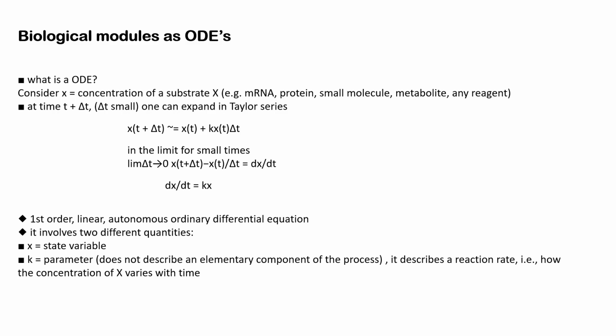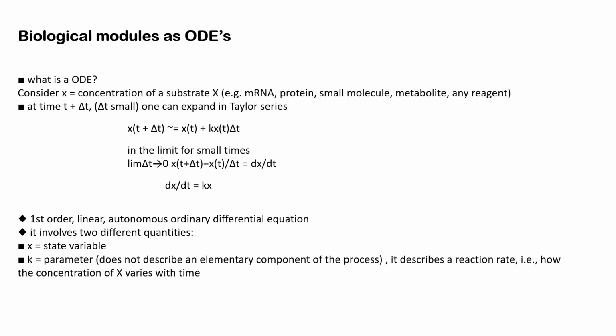So basically, if your concentration is varying linearly, in this case as kx, this is a first order linear autonomous ordinary differential equation. It explains that the rate of change of x over time is proportional to x itself.